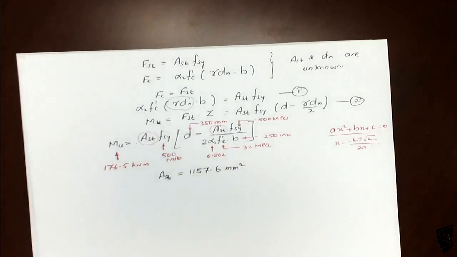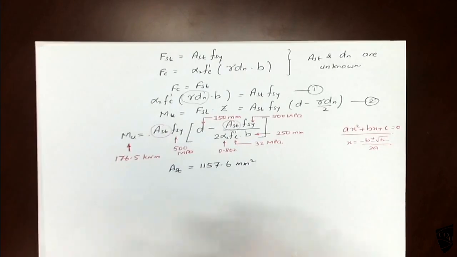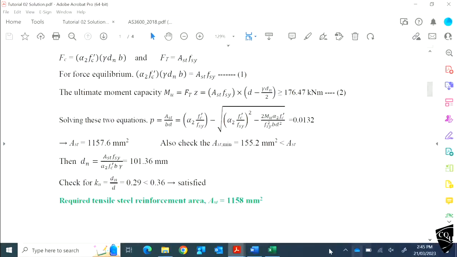In the study guide, if you go through it, I'm not sure, but I gave this solution. Solving the second order equation, you will get the minus b plus or minus square root of b squared plus 4ac form.